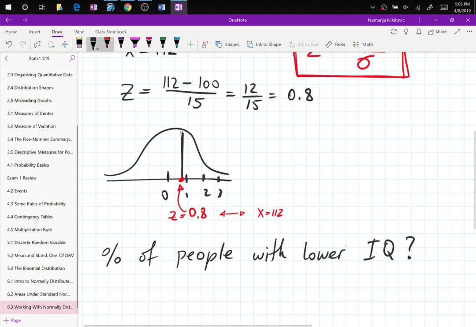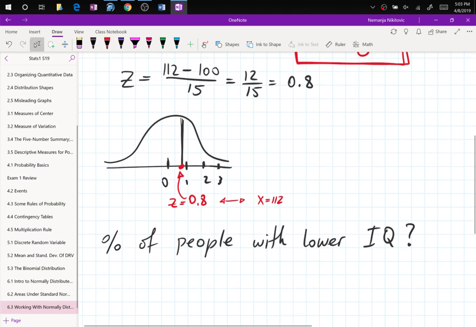So, you are looking for the area to the left, and you straight up just look up 0.8 in the chart.